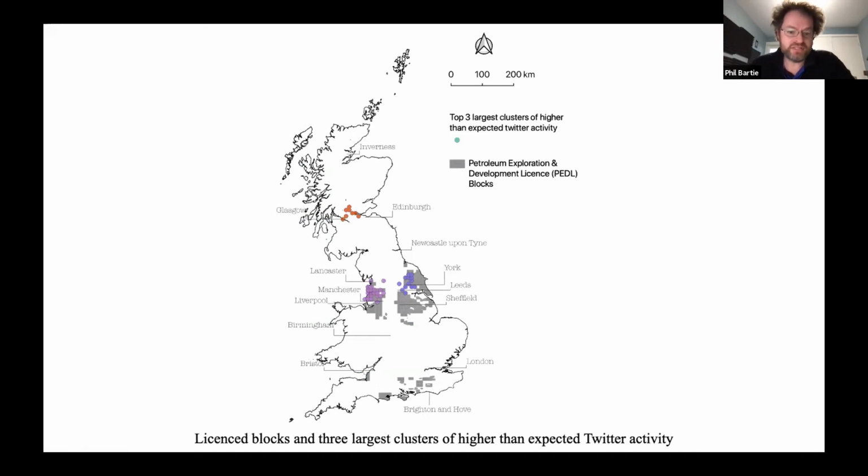And the grey areas underneath are the licensed areas. So unexpectedly, I suppose, people are tweeting more near where there are active fracking sites. And also this group up here in Edinburgh seems to be a lot to do with anti-fracking and INEOS locations, which is one of the companies involved in fracking.